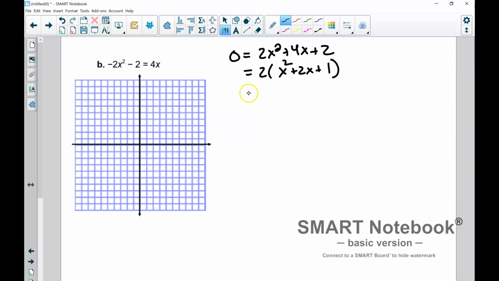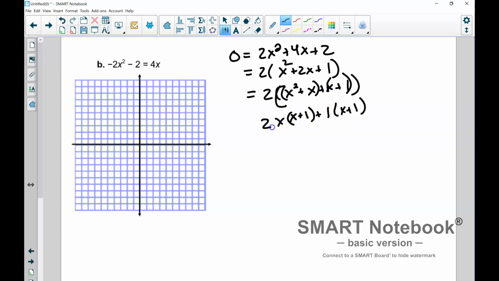And I know that this can be factored: 2x plus x plus x plus 1. And I could GCF those, leaving the 2 out there. So this is going to give me x plus 1 times x plus 1 equals 0.